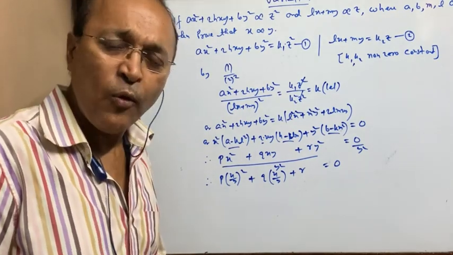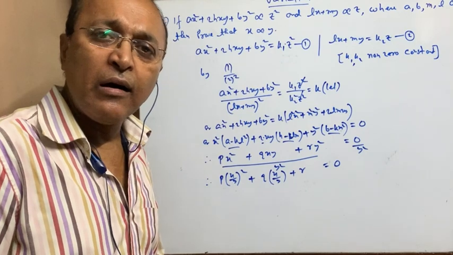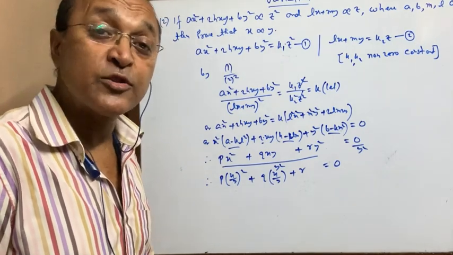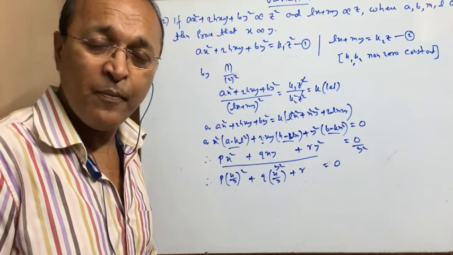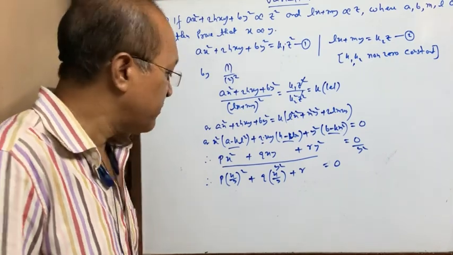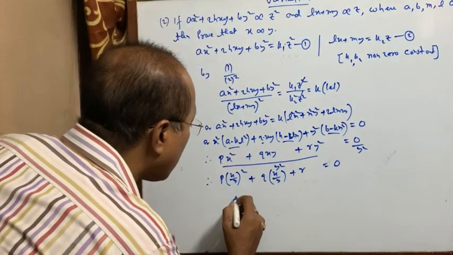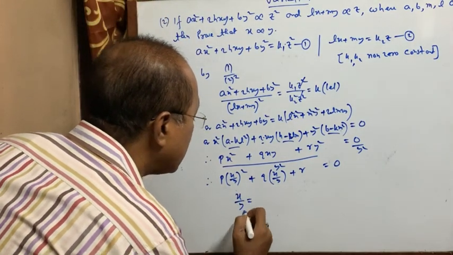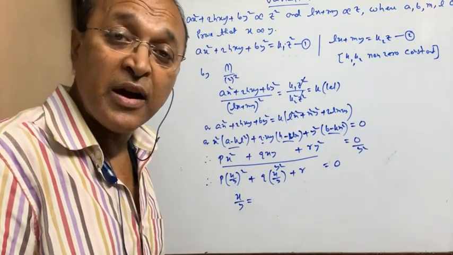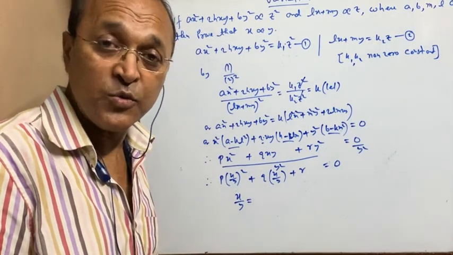Okay, and all of you know how to find the value of x, just for example, in case of ax square plus bx plus c is equal to 0, by Sridharacharya's method. Now we can write x is equal to minus b plus minus root over b square minus 4ac by 2a, isn't it?